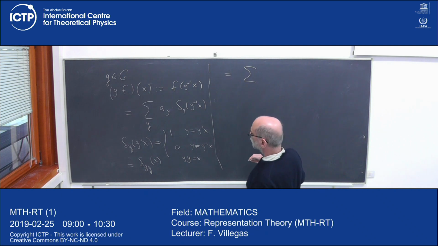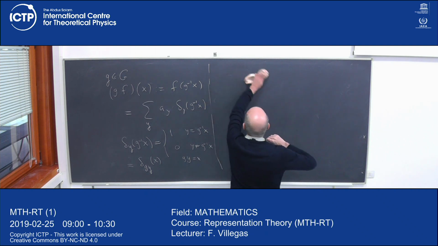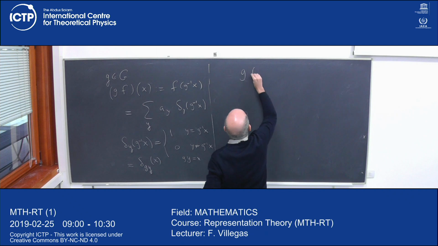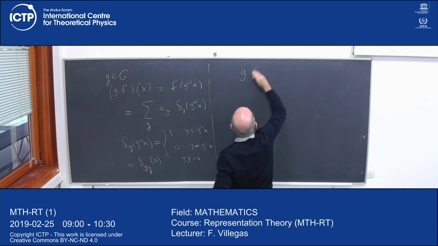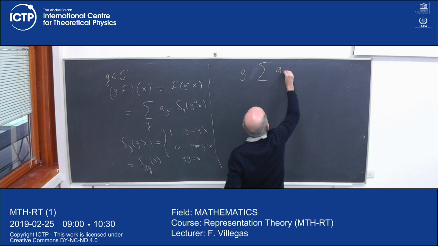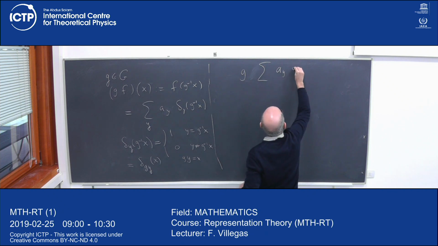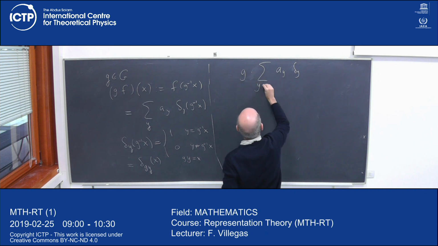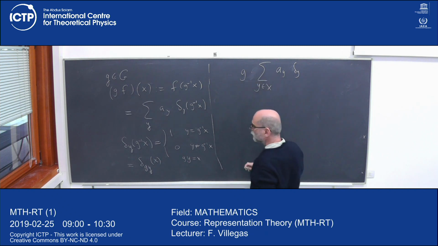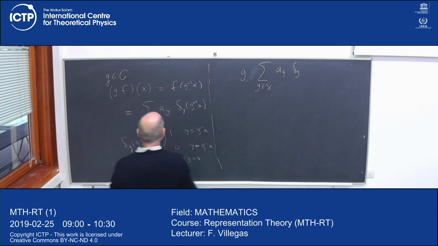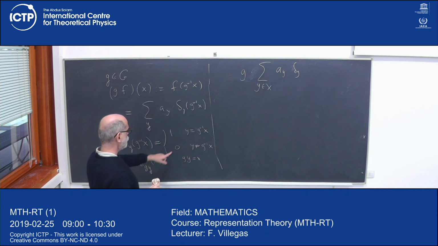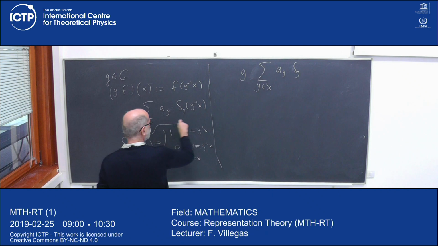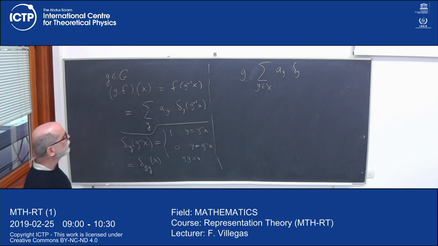So let me just write it out. g acting on the sum of a_y delta_y. Doesn't y appear on the left hand side? Sorry? Why doesn't it appear on the left hand side? It's here. Yeah, but we are calculating g f of x. So this is a parenthesis, just about this case.